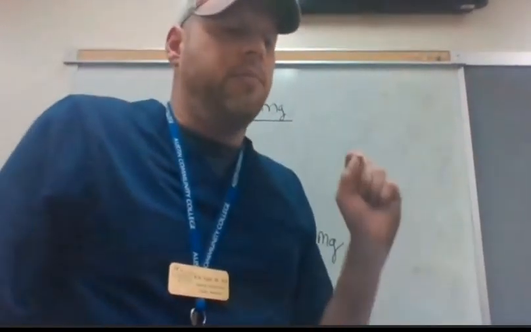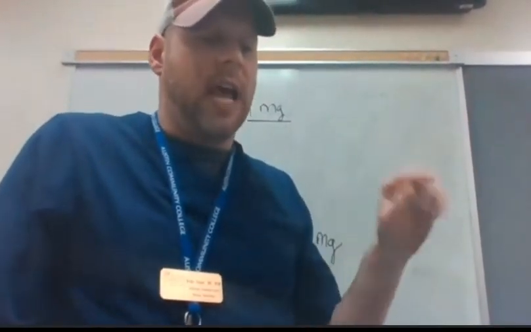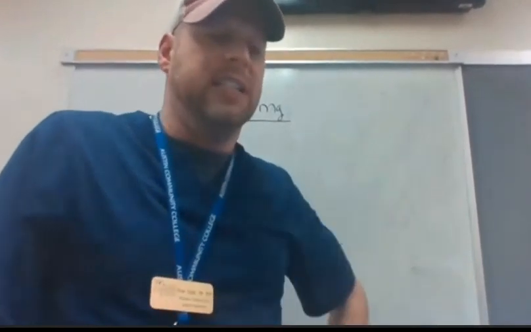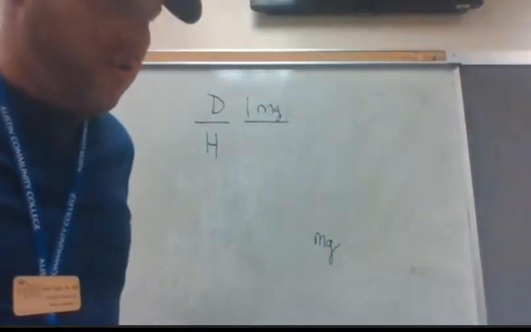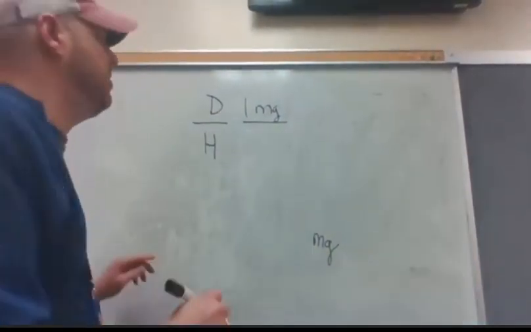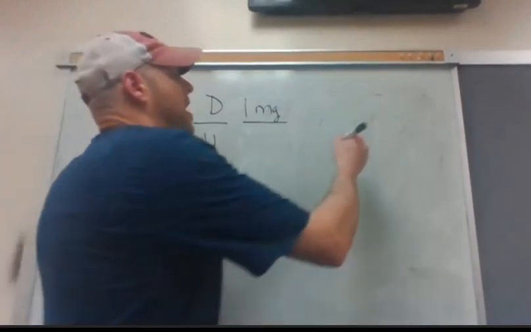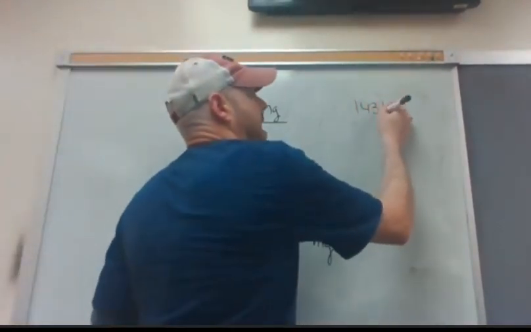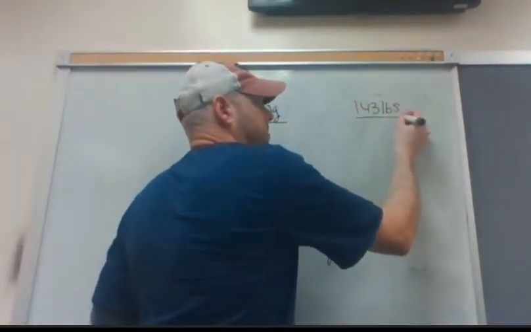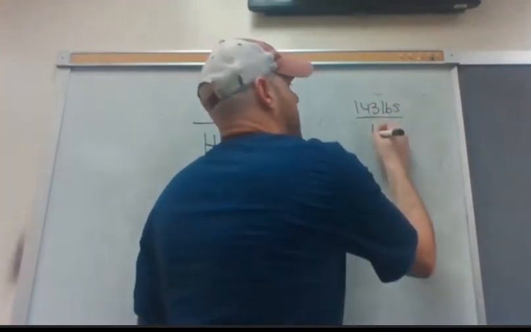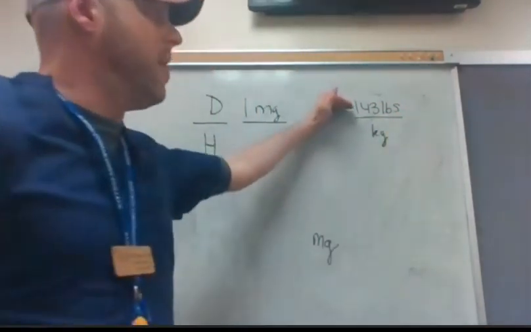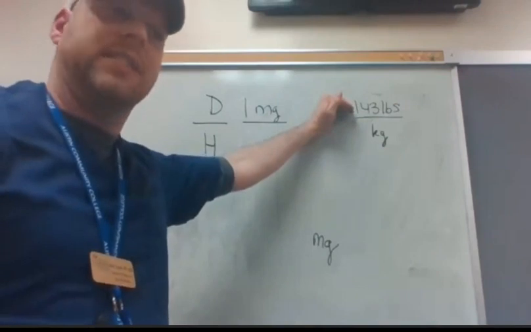When you have a weight problem, the very first step you will do before you plug it into your formula is that you will need to convert pounds into kilograms, okay? And I know that the patient weighs 143 pounds, correct? 143 pounds.